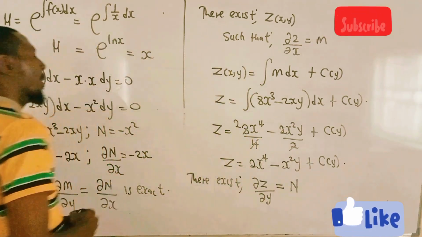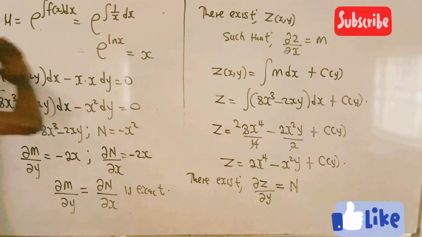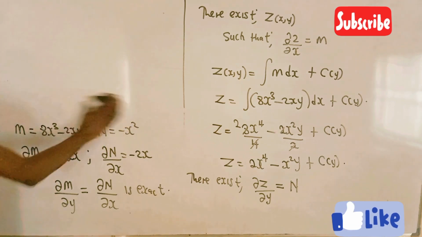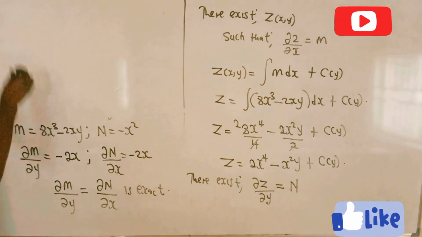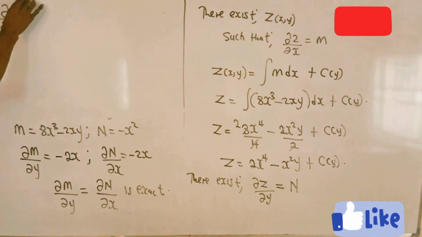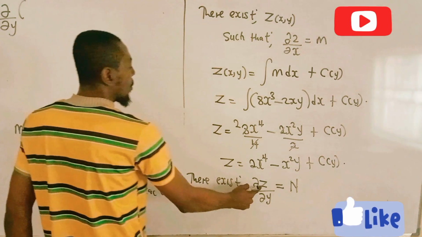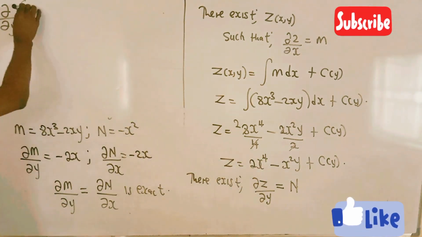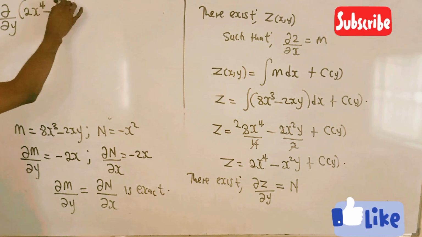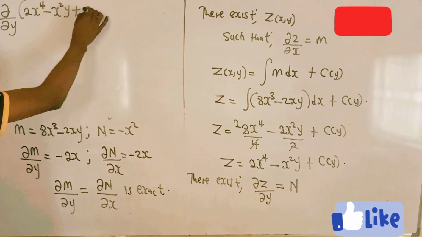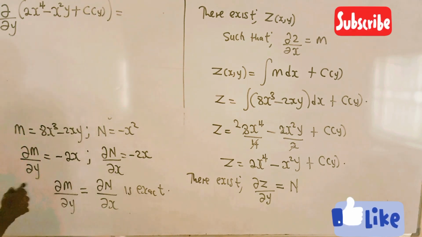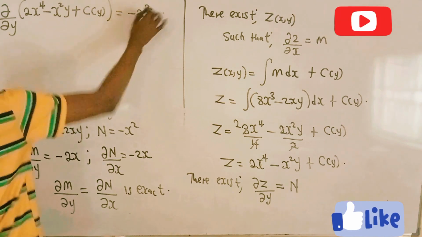So the partial differentiation of z with respect to y, where z is 2x to the power 4 minus x squared y plus c of y, is equal to n, and of course n is equal to minus x squared.